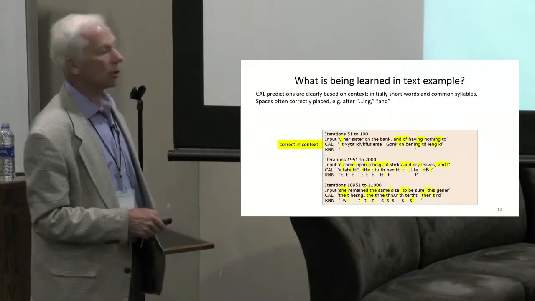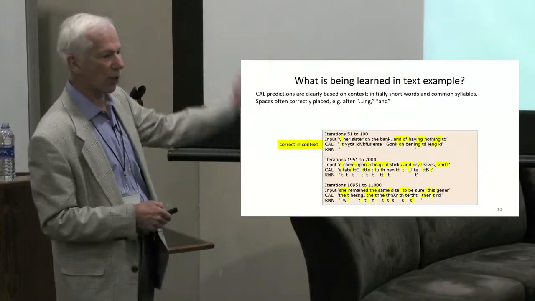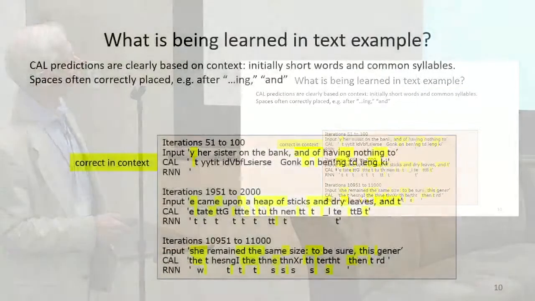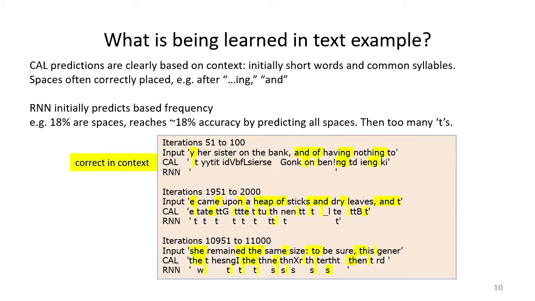And then the next most common character is a T. So this is the statistical nature of learning in the recurrent neural network. Whereas Cal is learning in context. Space comes at the end of a word. ing, space, and space, of space, even after 50 iterations. So I'll speed up a little bit. I've said that RNN is based more on frequency than context.